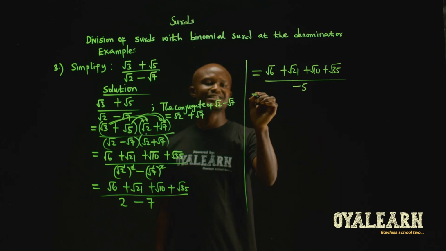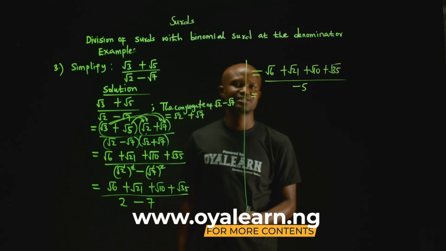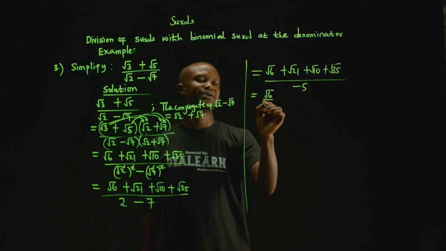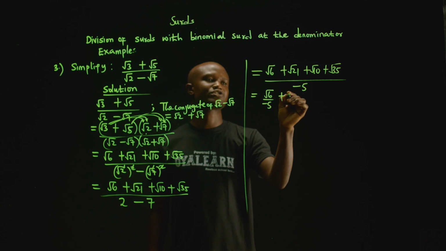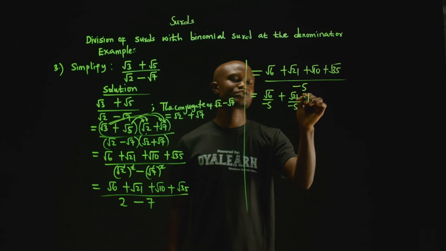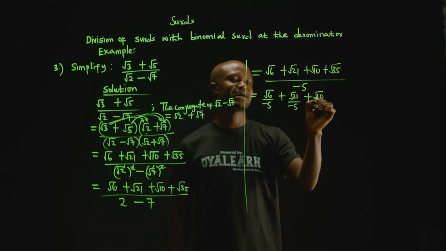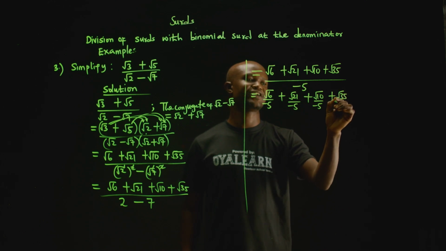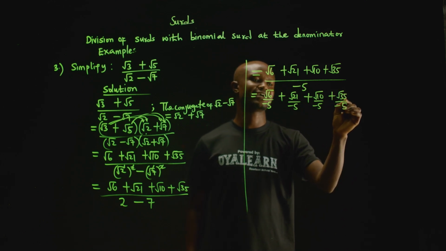So we are going to write these as partial fractions. In that case, we have root 6 divided by minus 5 plus root 21 divided by minus 5 plus root 10 divided by minus 5, then plus root 35 divided by minus 5.